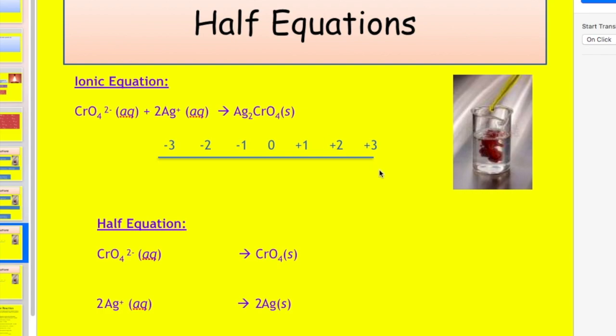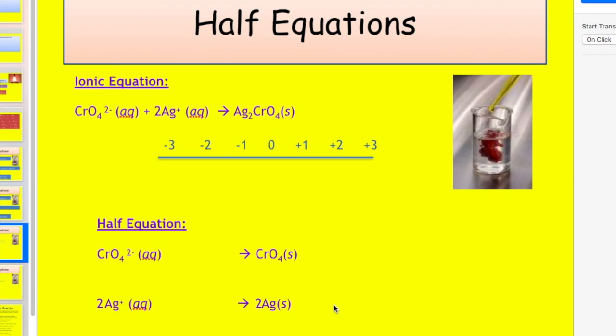And that's going to be another half equation. So if we pull the chromate down to here, we are effectively seeing CrO4 2 minus going to CrO4 solid. Okay, we can form a second half equation, take the silver aqueous going to silver solid.